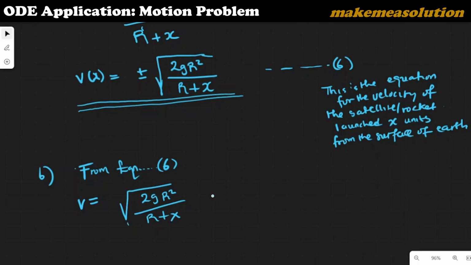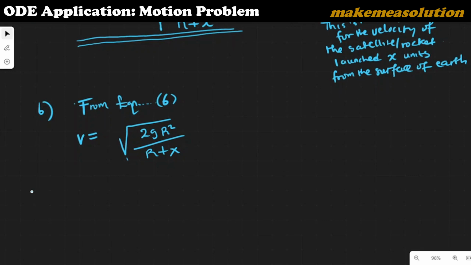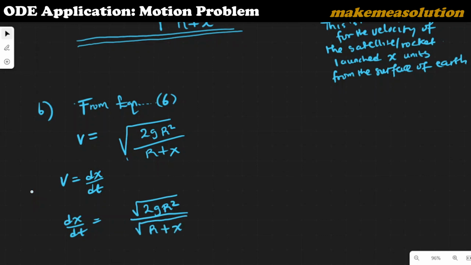Now you have to recall that velocity is the rate of change of displacement. V is actually dx dt. So dx dt is actually, let me distribute the roots, root 2gr squared over root r plus x, like this.